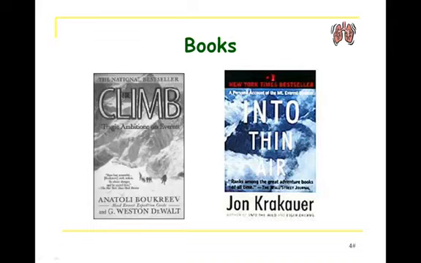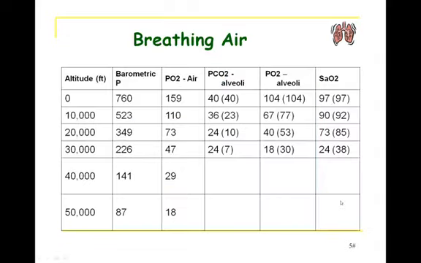Anatoly Boukreev was one of the people involved in that, whom Jon Krakauer talks about in his book. He was in a different group of climbers, and Boukreev is actually the one who saved a number of climbers from the disaster. Both give slightly different accounts. I tend to believe this one a little better because there's more backup for it, but they're both good, interesting books to read about high altitude climbing.